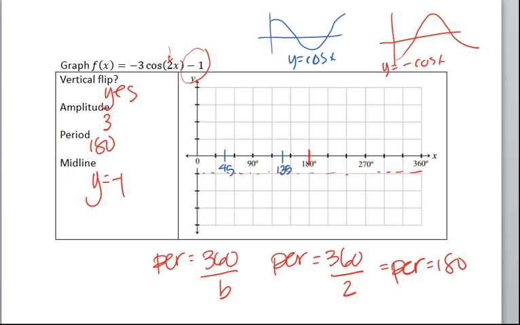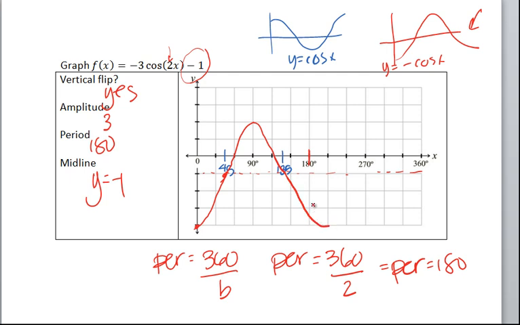And I know my graph is vertically flipped, so it's going to follow this pattern here. My amplitude is 3, so from the midline I go down 3. I cross through my midline, and then back up to positive 2, right? Because I'm shifted down 1 with an amplitude of 3, so negative 1 plus 3 is 2. Then at 135, I come back through my midline, and then go all the way down.